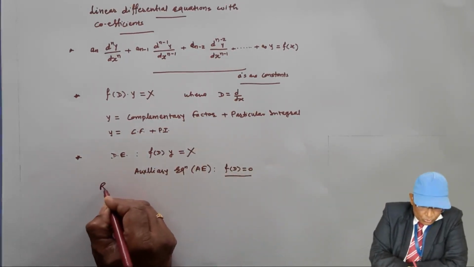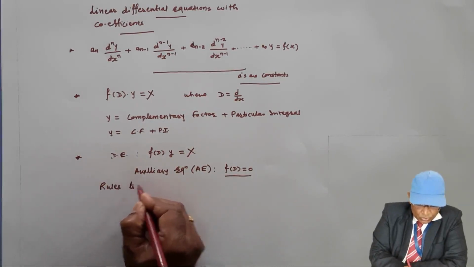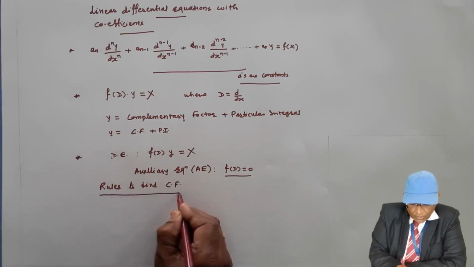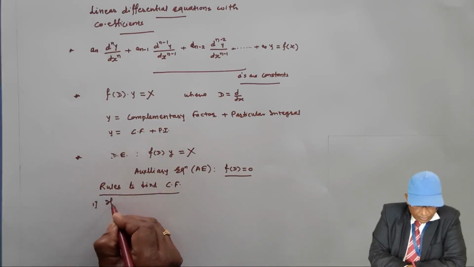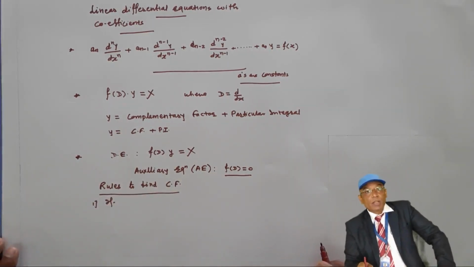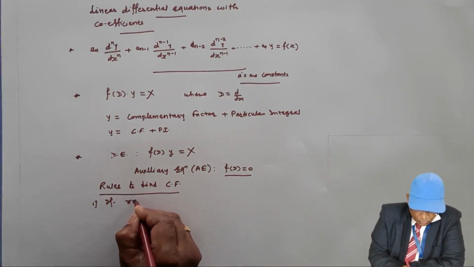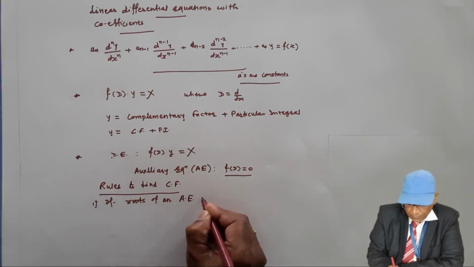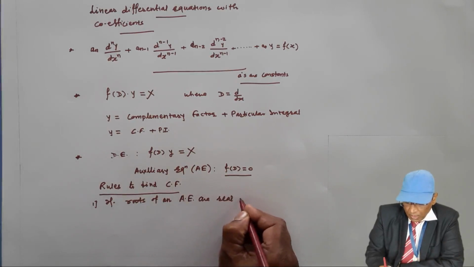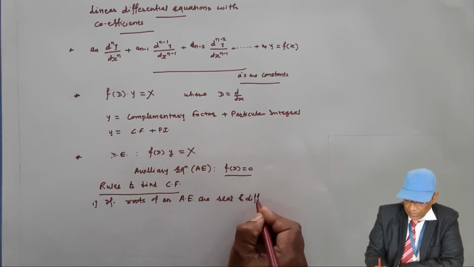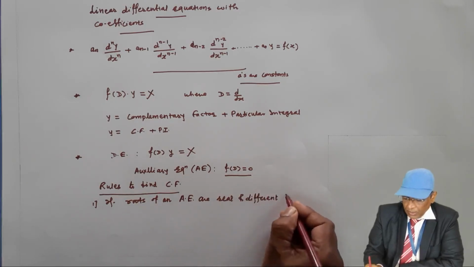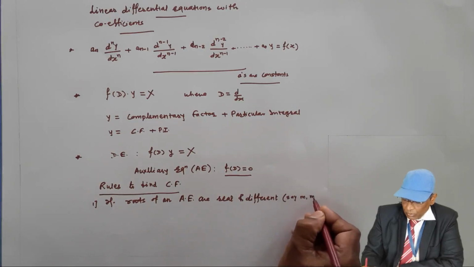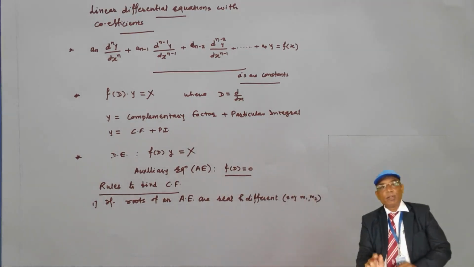Now, the rules to find the complementary factor. The first one: if the roots of the auxiliary equation are real and different, real or unequal, you can say m1, m2.